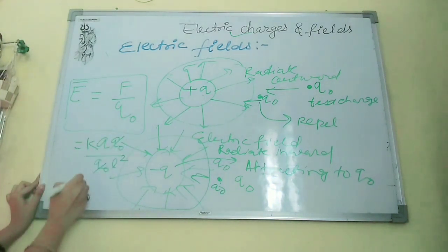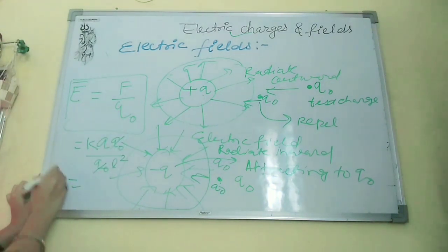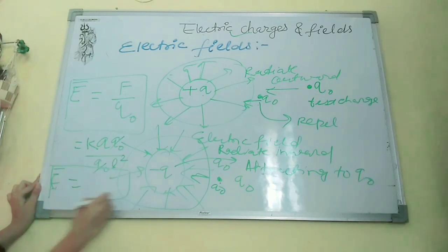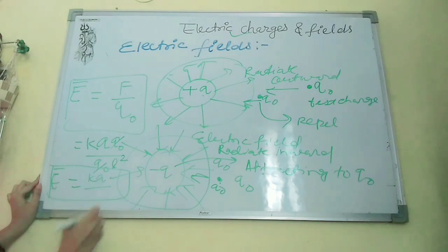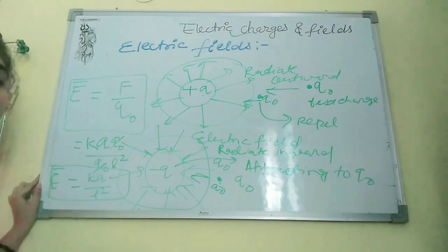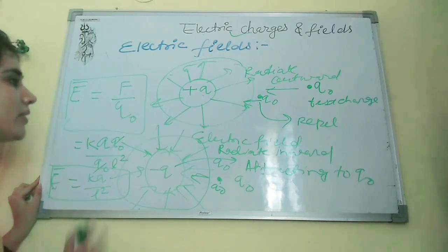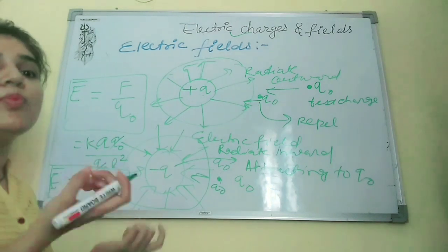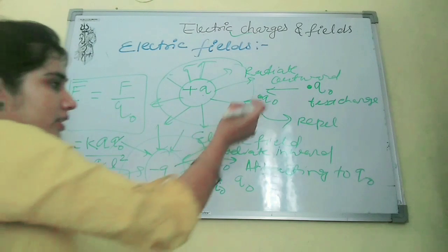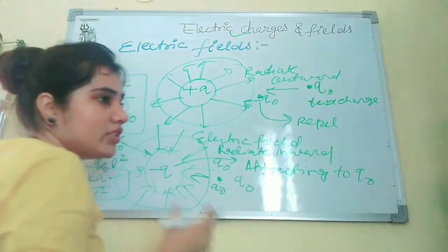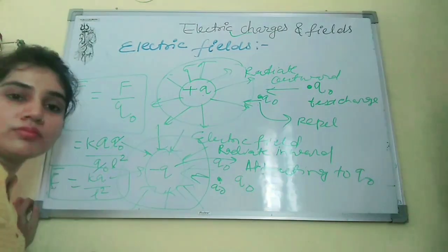Q naught will cancel out. So the electric field we get is E equals KQ upon L square. This is simply the electric field for any point charge placed at a certain point at distance L.